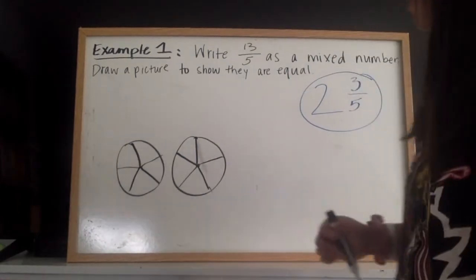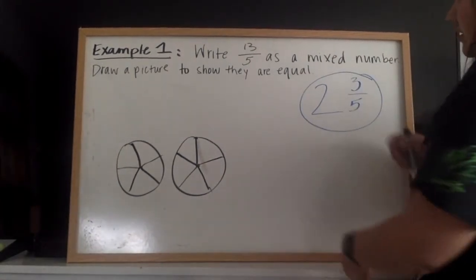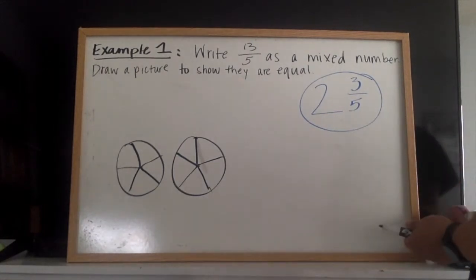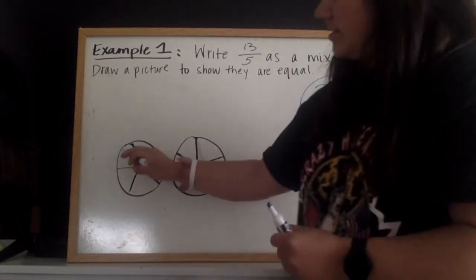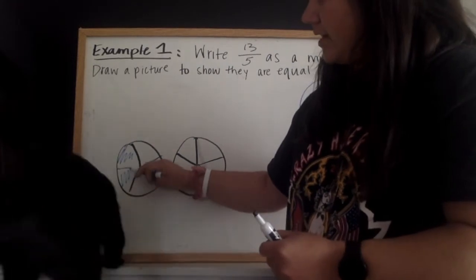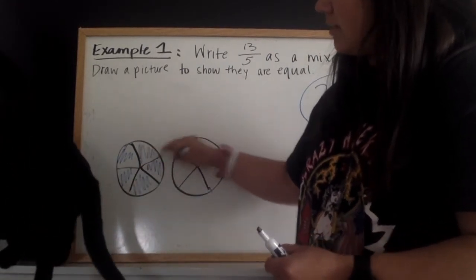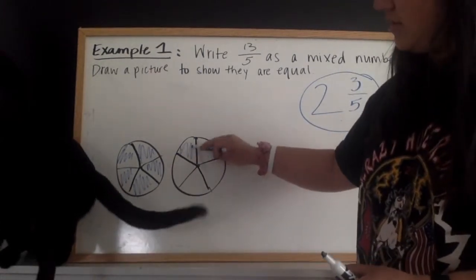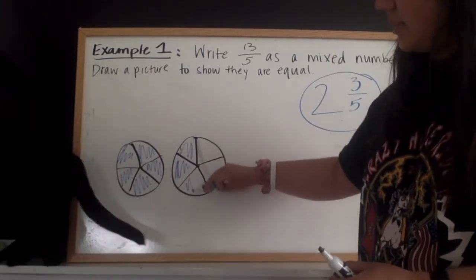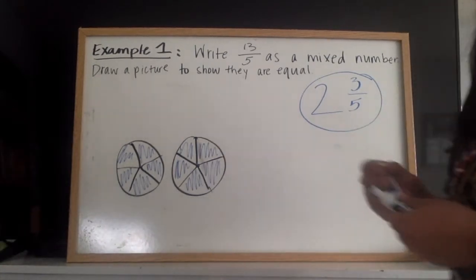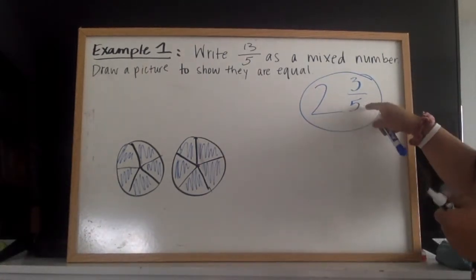Okay, and then if these are all colored in, 2 wholes, then I color in each little pie. Okay, that's 1 whole. Here's 2 wholes. And then we have 3/5 left over.